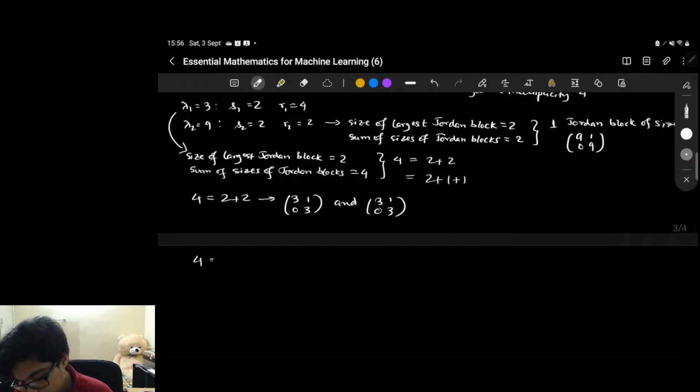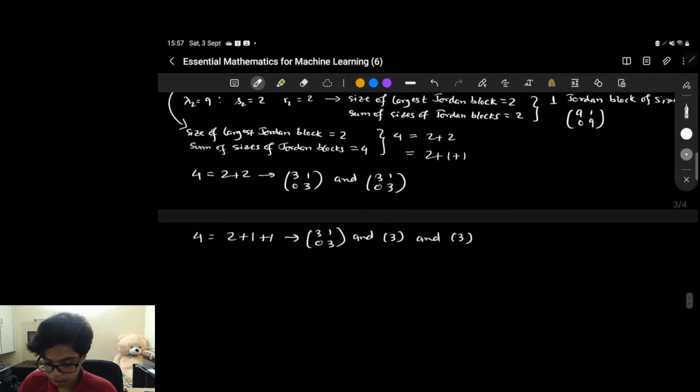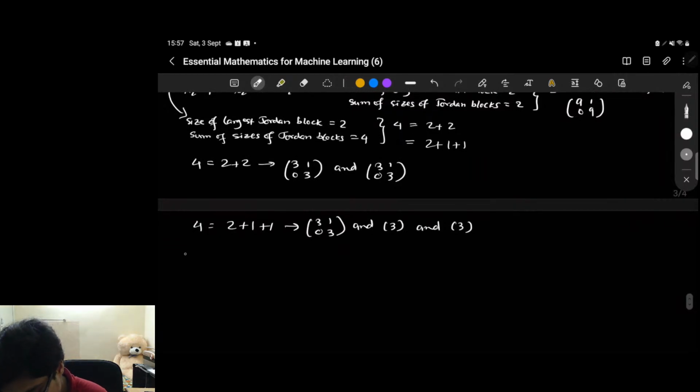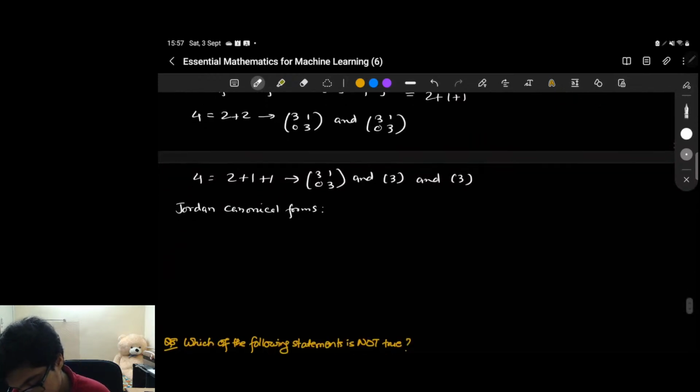And if we use 4 as 2 plus 1 plus 1, then we get [3 1; 0 3] as one block, and then just the number 3 as one block and 3 as another block. So that is how we will get it. So what are the options for Jordan canonical forms? We can have two possible Jordan canonical forms, and they will be as follows.